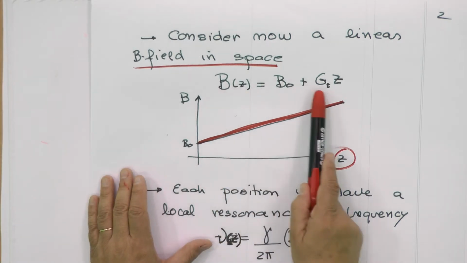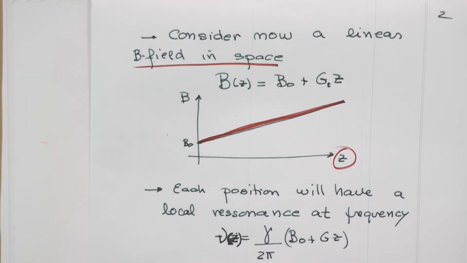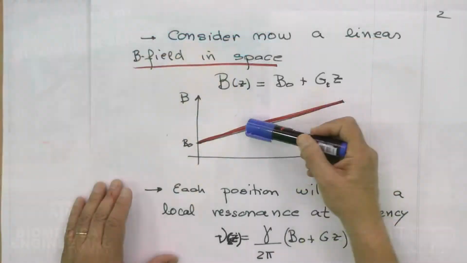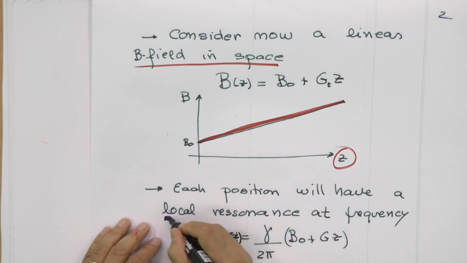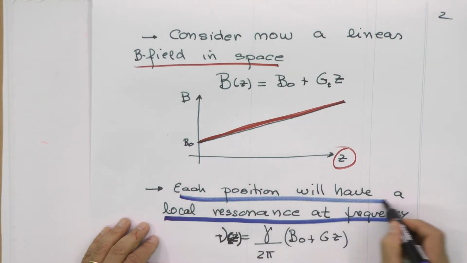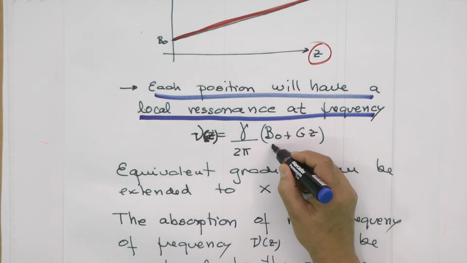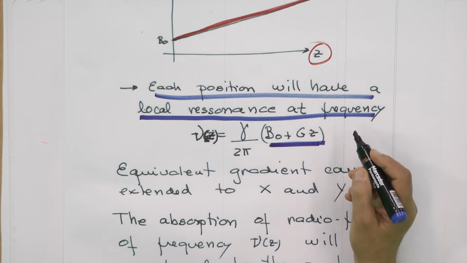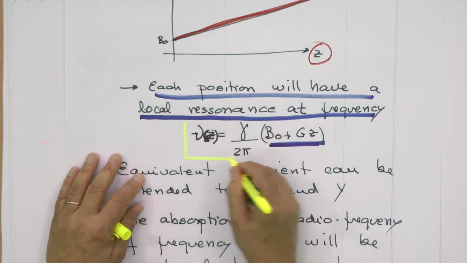The field has a gradient called G, of course, for gradient. At each position in this field, if I put hydrogen in here, each position has a different field, so I'm going to have a local resonance for the NMR. You agree, right? Because the resonance depends on the field. But now I have a field that is space dependent. Therefore, my frequency is also space dependent.